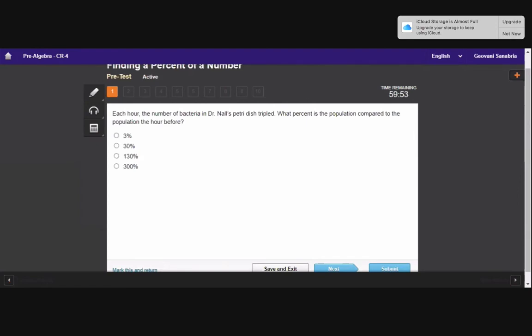Each hour, the number of bacteria in Dr. Null's petri dish tripled. What percent is the population compared to the population the hour before?